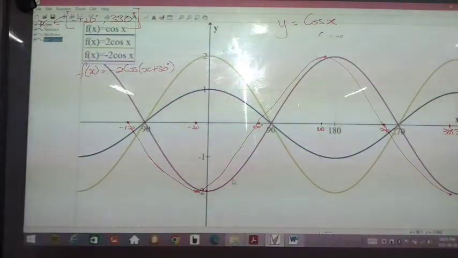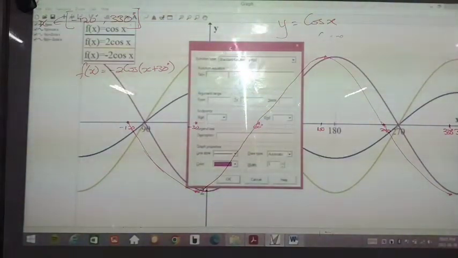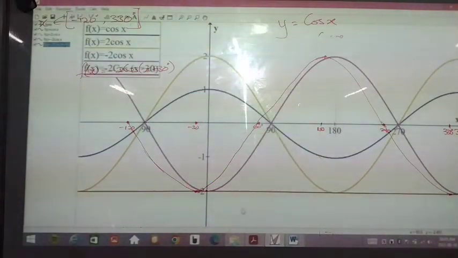So just to be accurate, I'm going to remove my graph and then put the one with the proper measurements. That will be negative 2 cos of x plus 30.